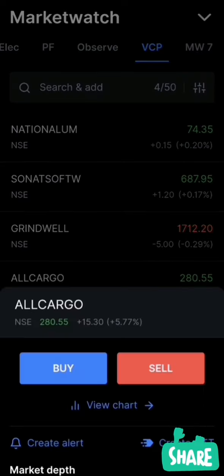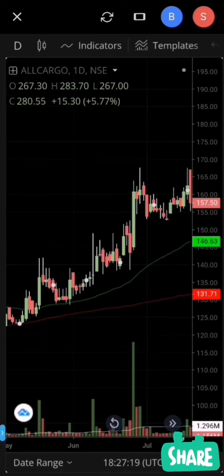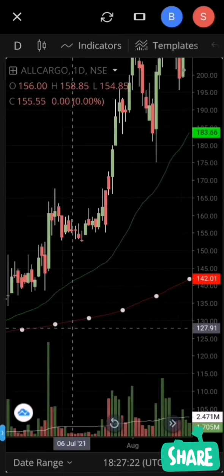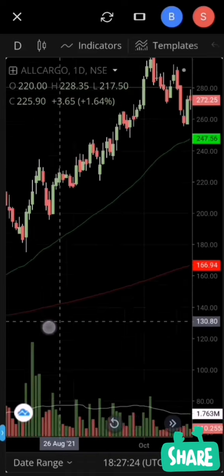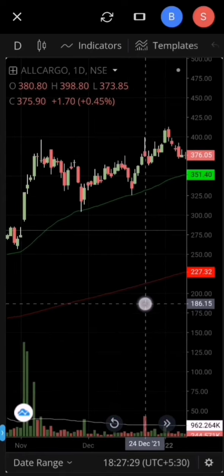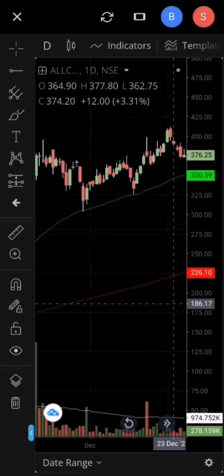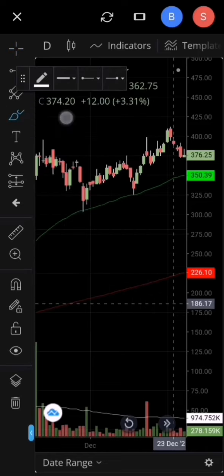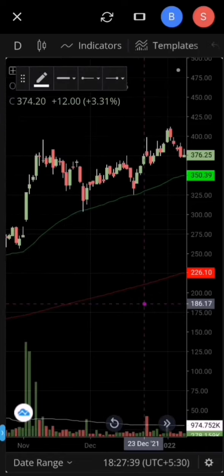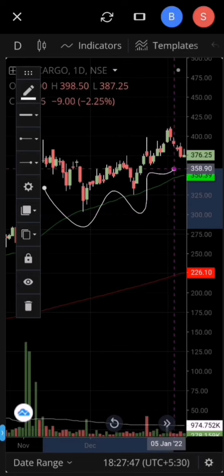So here is the example. Again, we identified this volatility contraction pattern in this stock, and see how badly we were hit by the sellers. This was an example of how even the volatility contraction pattern can fail you. But it's part of the business, so no need to worry, as we had our stop losses set.